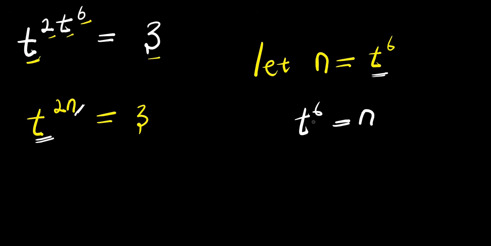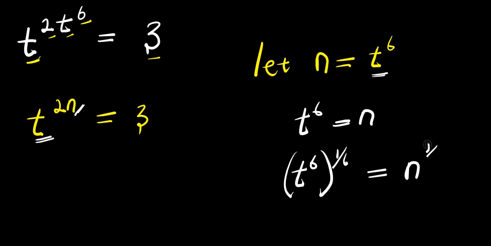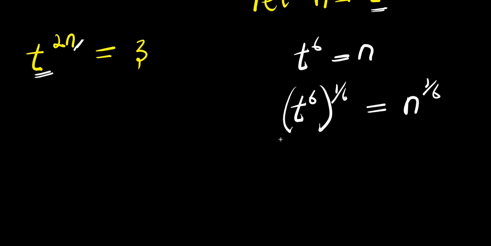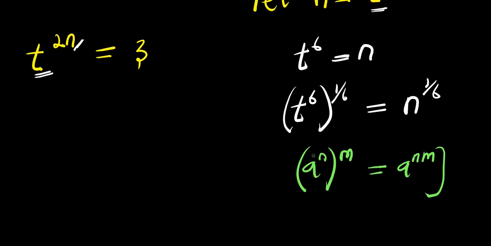So I'm going to isolate this t by multiplying this exponent by 1 over 6. I have t power 6 raised to the power of 1 over 6, and this equals n raised to the power of 1 over 6. So right now, if you have a power n raised to the power of m equals a power n times m, we are going to multiply this out.